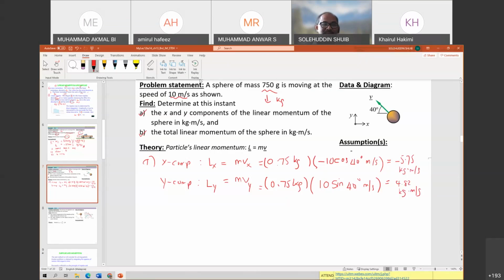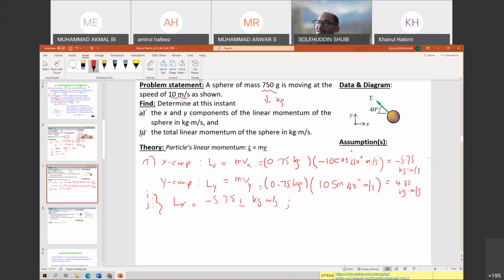All right, we want to write this in terms of i and j. Lx can be written as minus 5.75 i, kilogram meter per second.